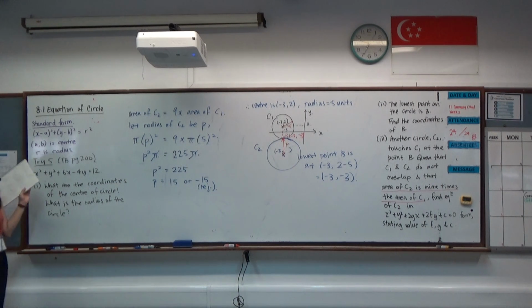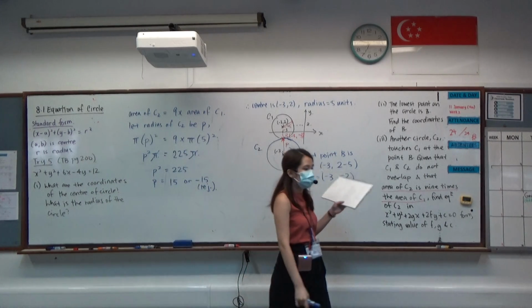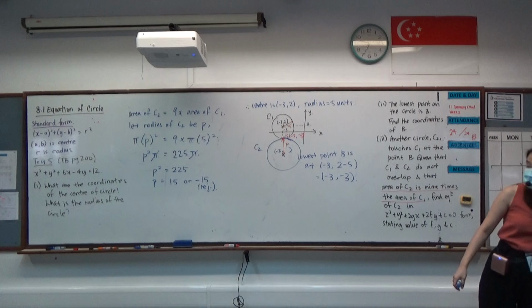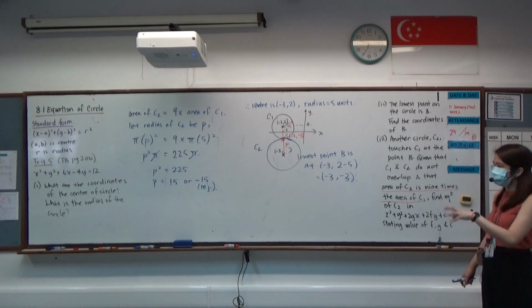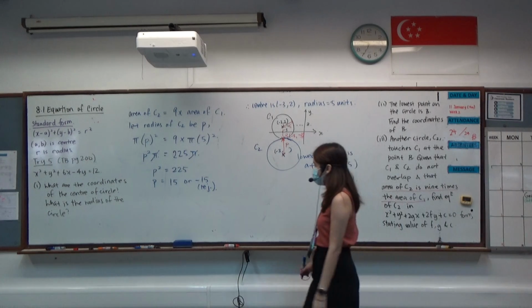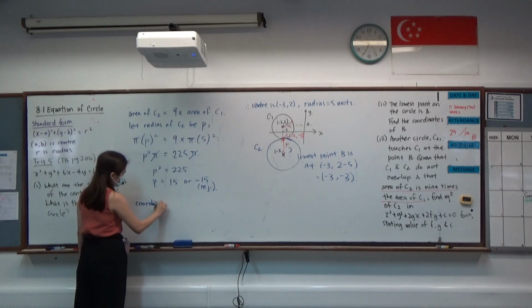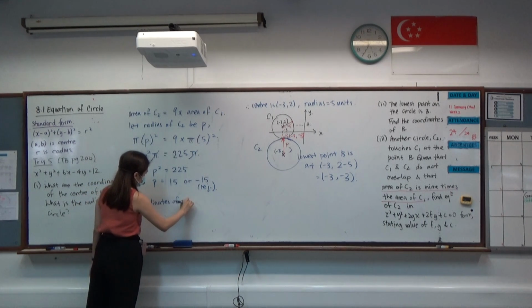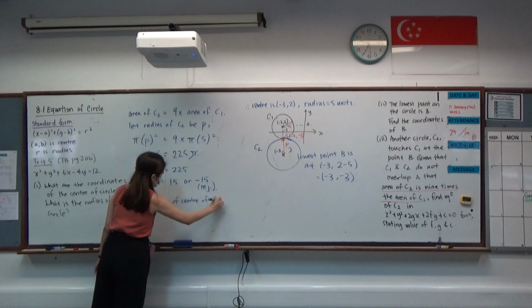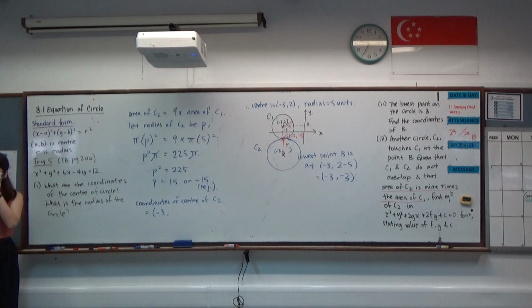Okay, and now that we have got the radius, we can determine the y coordinate of the center of C2. And what would that be? How do we know the coordinates of the center of C2?